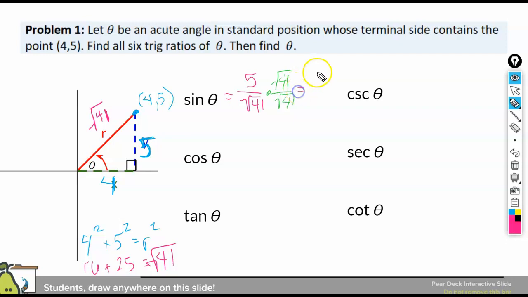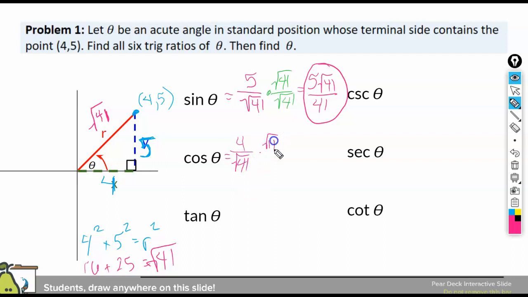And when I do that, I end up with 5 square roots of 41 over 41. So don't leave something with a not rationalized denominator. That's not going to be cool. Cosine's going to run into the same problem because adjacent over hypotenuse is going to be 4 over the square root of 41.